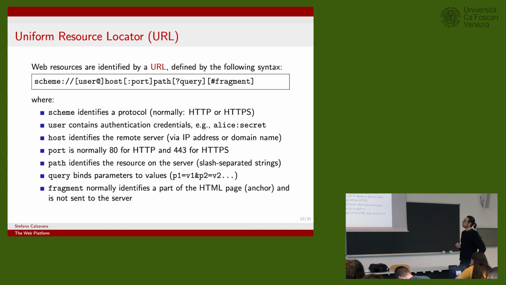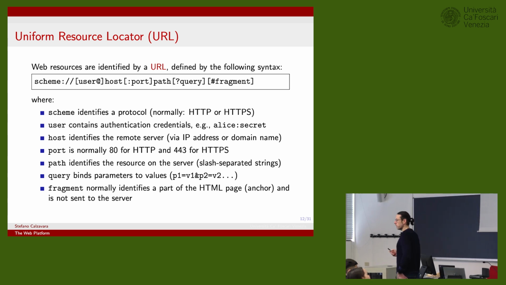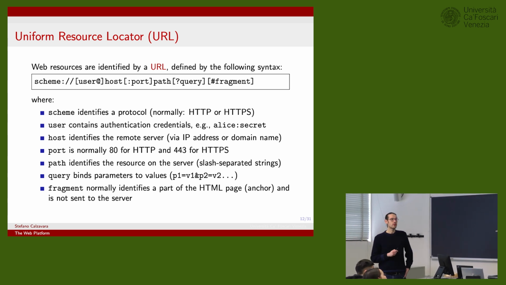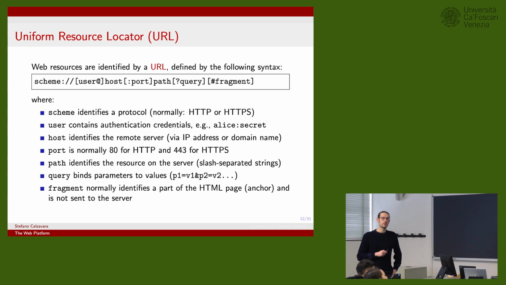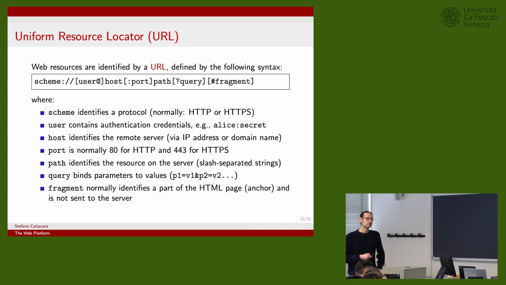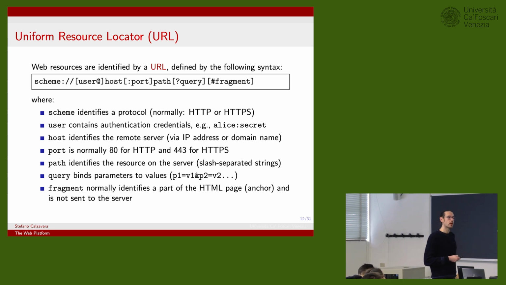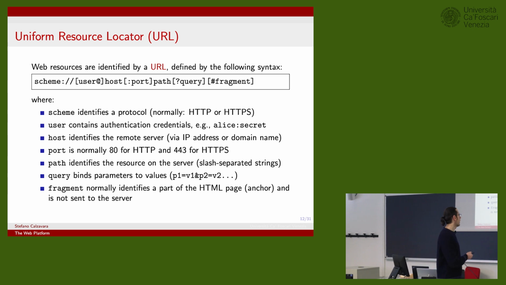Other relevant parts of the URL include the query string and the fragment identifier. The query string, you've probably already seen. You might have realized that in some URLs, you find a question mark. Whatever is put after the question mark are essentially additional parameters of an HTTP request that you're going to send.